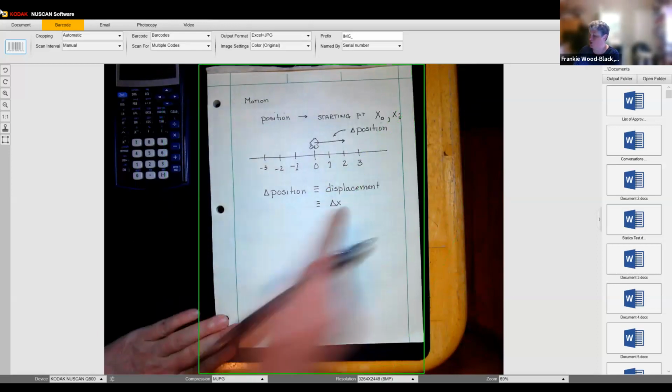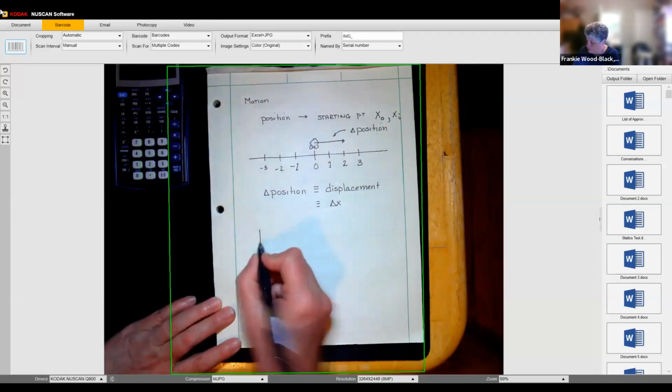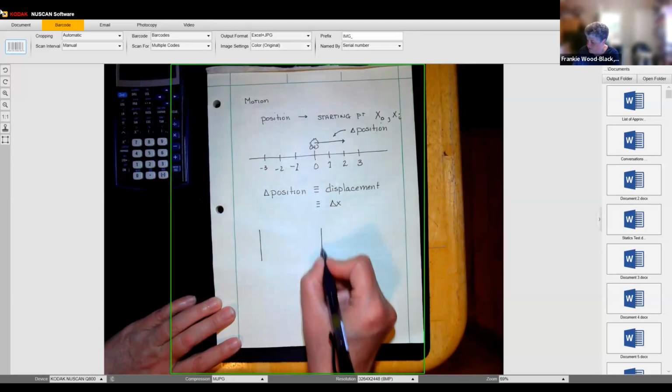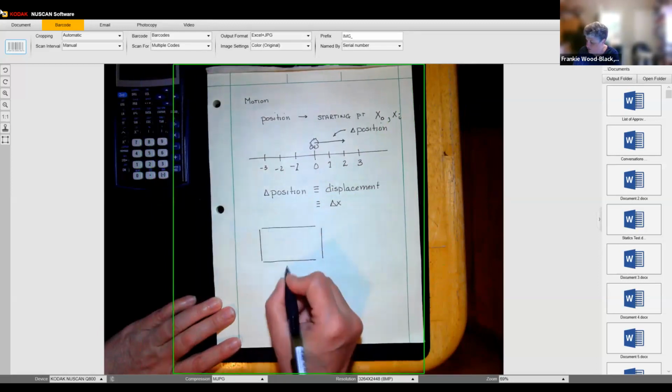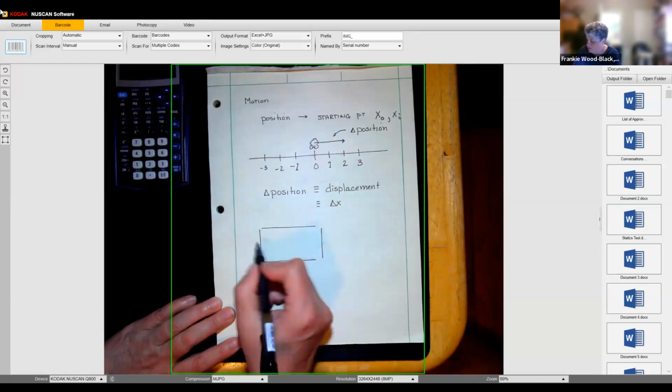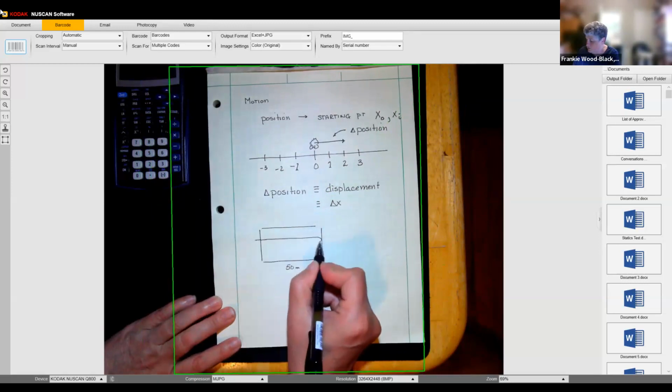So I have a change in position and displacement. Now let's think about that. Let's have a swimmer. My swimmer is going to be in a 50-meter pool. So this is a 50-meter pool. We start, the swimmer goes to one end, and swimmer comes back.